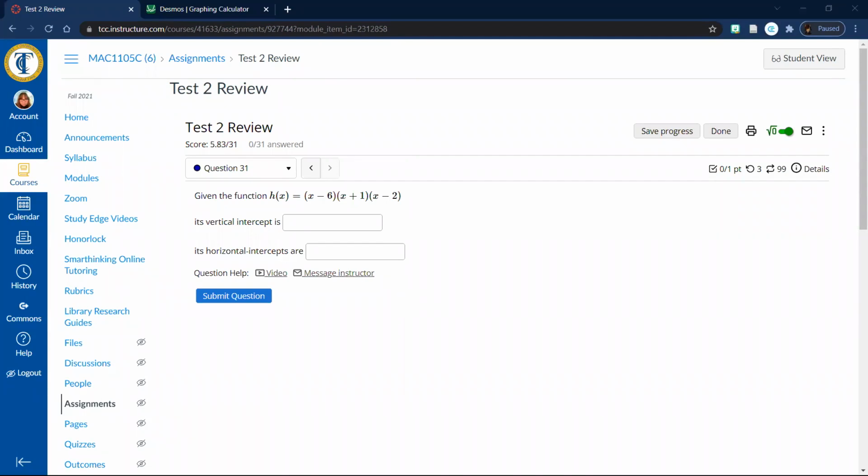This one doesn't. If you're given this and they want to know what the vertical intercept and the horizontal intercept are, what are we solving for? x and y. So remember, vertical is the y-intercept, and horizontal is the x-intercept.